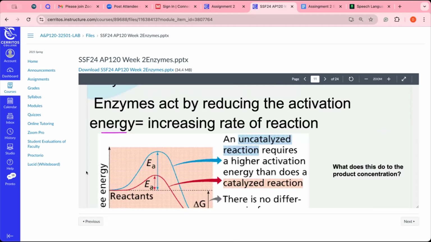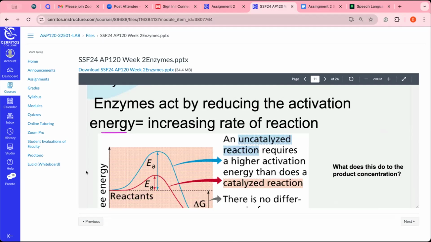Enzymes act by reducing the activation energy, which increases the rate of reaction. An uncatalyzed reaction, so this is another picture of the same picture that we saw a few slides back, except instead of being the purple and the blue, this is now blue and red. So if you don't have an enzyme present, you need a higher activation energy.